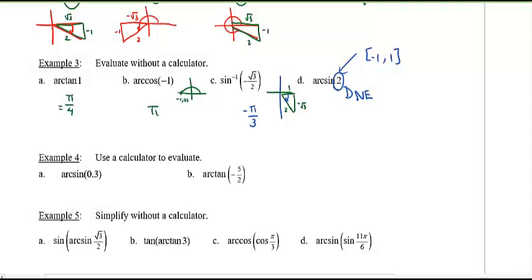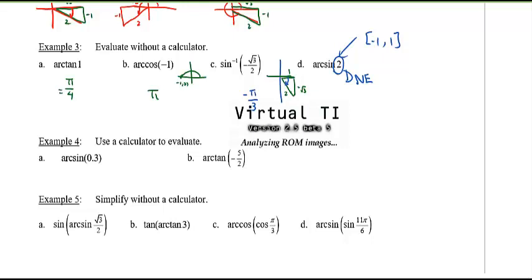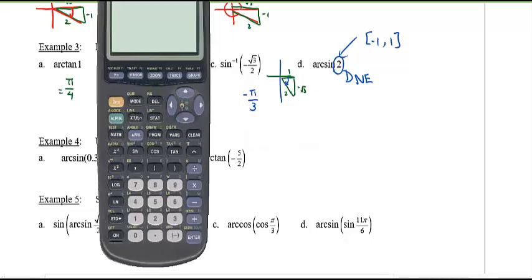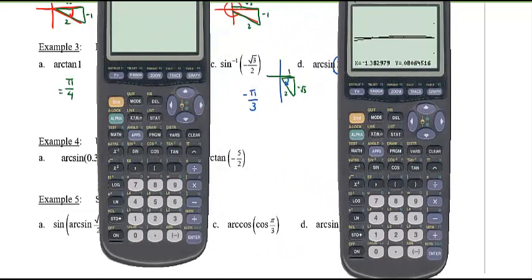Okay? Alright, example number 4 is pretty straightforward. You just have to do that with your calculator, so bring out your calculator and punch it in. Remind yourself that when you're dealing with tangents, sines, and cosines, you should be in radian mode. My calculator is taking a while to come up. While you wait for my calculator, why don't you just punch it in yourself, right? So here's my calculator. Lots of lag. That's not good.